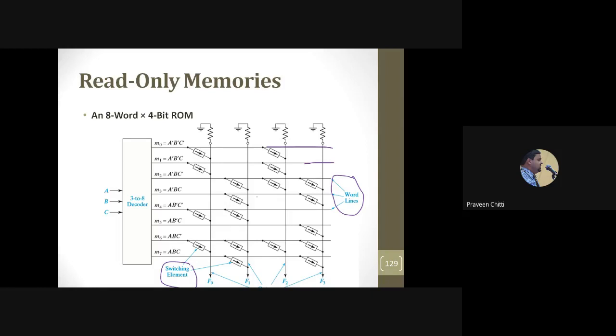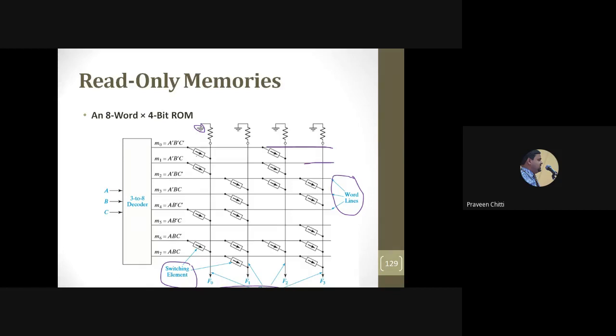Otherwise, if there is no connection, since all the output lines are connected to ground through these resistors, what will be the output of F0, F1, F2, F3 in the absence of these switching elements? 0, because they are connected to ground, right?